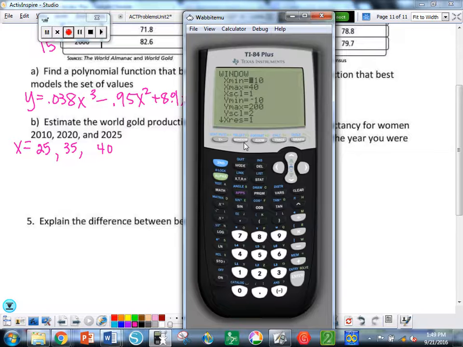Oh, any other? I think that what happened is by pushing enter, you made it calculate it, and had it calculated it beforehand.